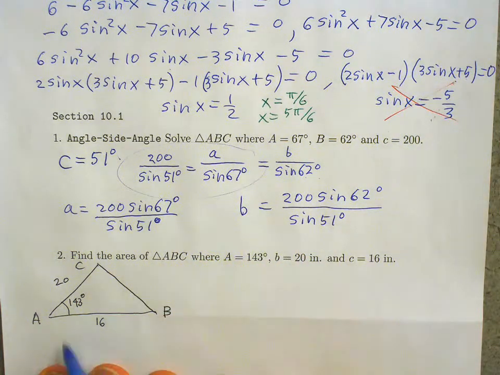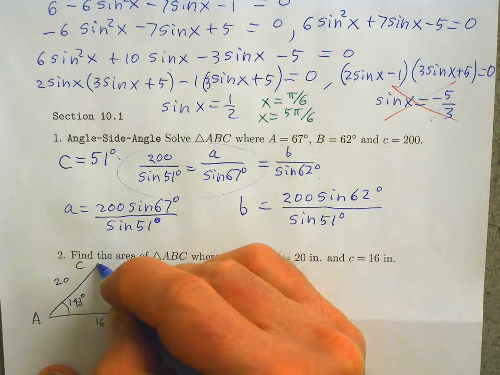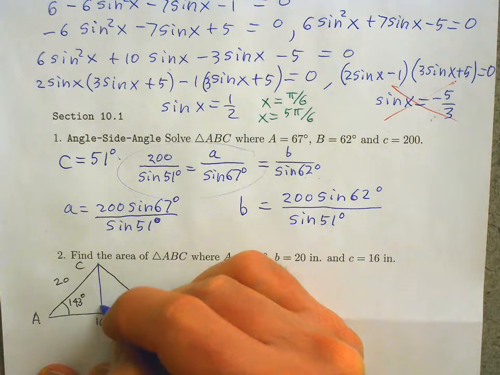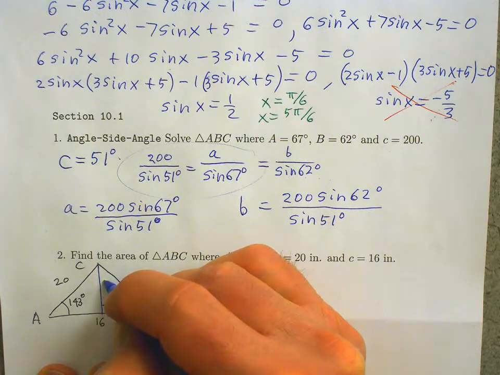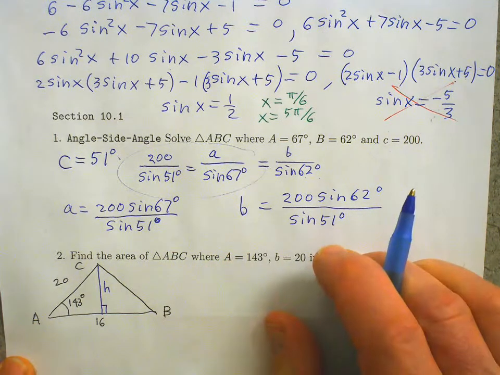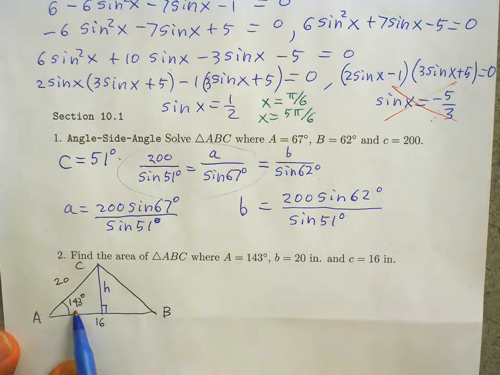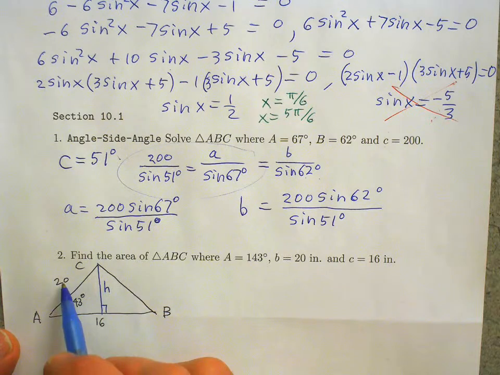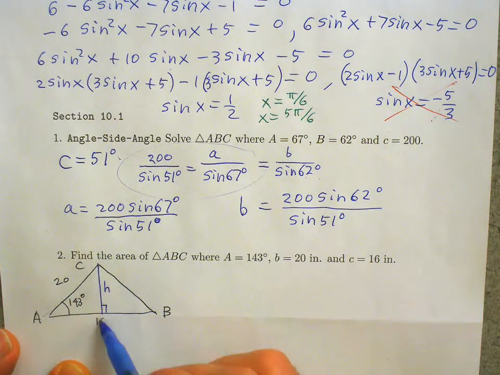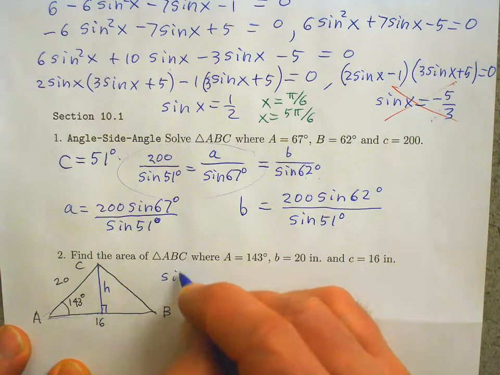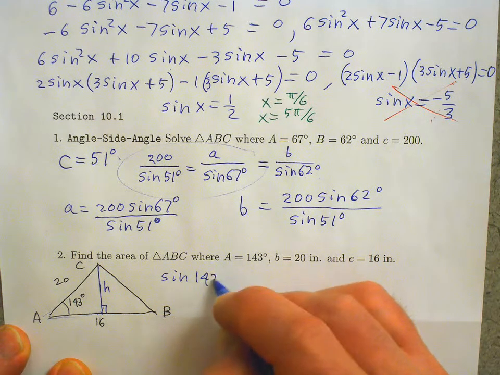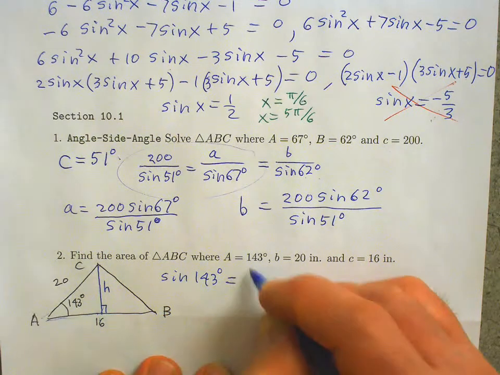So we can use the side that's 16 inches long as the base. And then we can construct this height. And then we can use the fact that sine of 143 degrees is equal to the height divided by 20 using this right triangle on the left. So sine of 143 degrees is equal to h over 20.